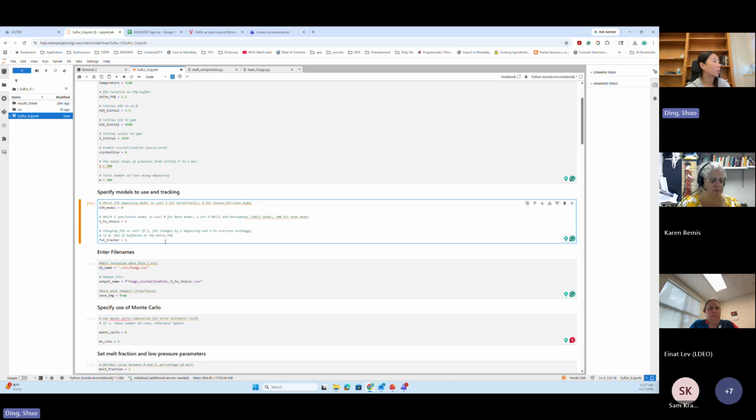So then do you want to change fO2 or not? If you are interested in modeling fO2 change, you can, so of course we will choose yes, which means 1. But if you are modeling a data set that is very new, my recommendation would be to first choose 0.